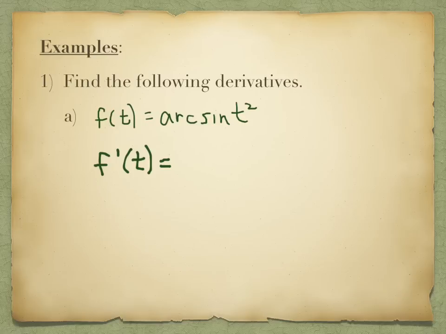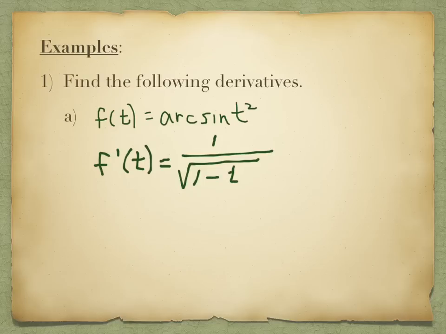All right, so this is arcsine, which means I have 1 over the square root of 1 minus something. But what will it be 1 minus? T to the 4th. Why t to the 4th, Dylan?